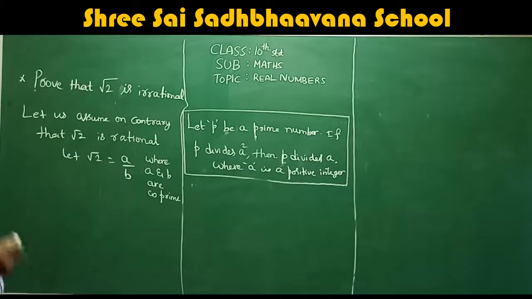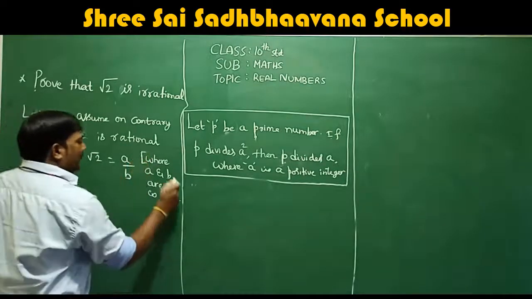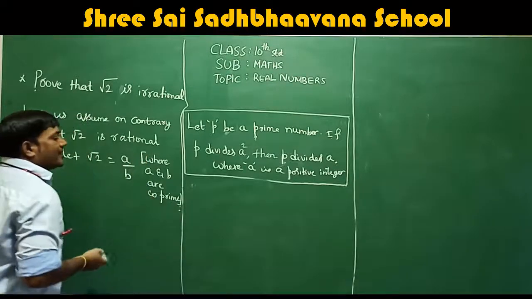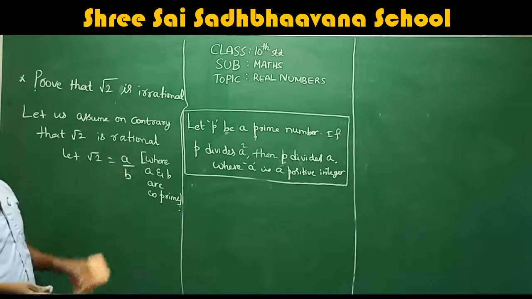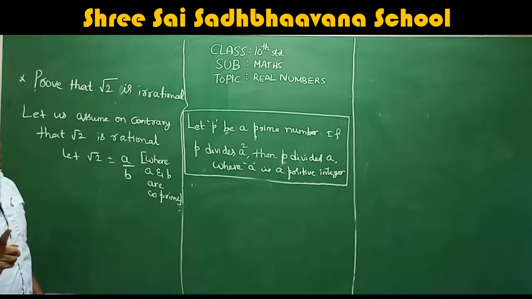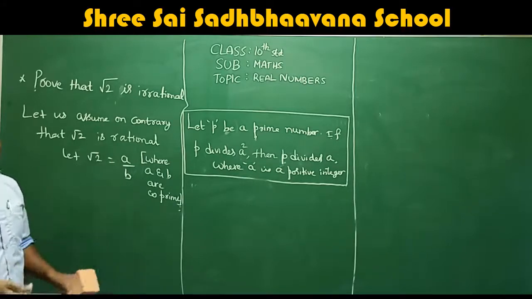Co-prime numbers in the sense they are prime numbers, just like what are prime numbers? Numbers which have 1 and itself as factors are called prime numbers. It means a and b have only 1 and itself as a factor. So they are prime numbers, we assume.